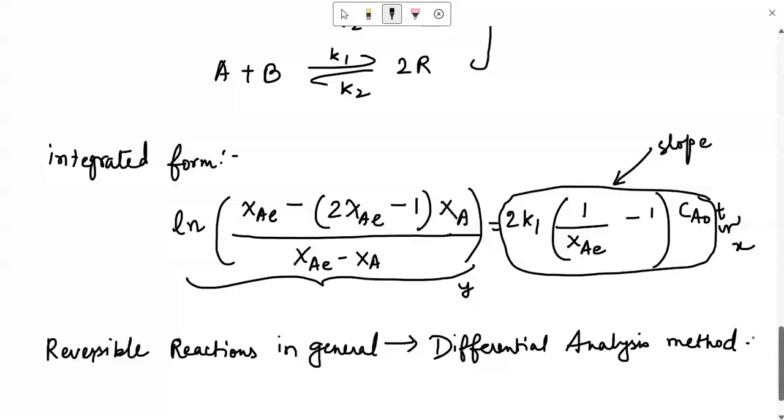So far, we have been talking about the integral analysis method, but for addressing reversible reactions in general, when it is neither first order nor second order, then we will use the differential analysis method, and that is in itself a totally different topic altogether. So that is it for this video. I have discussed the first order reversible reactions and second order reversible reactions. Okay, thank you.